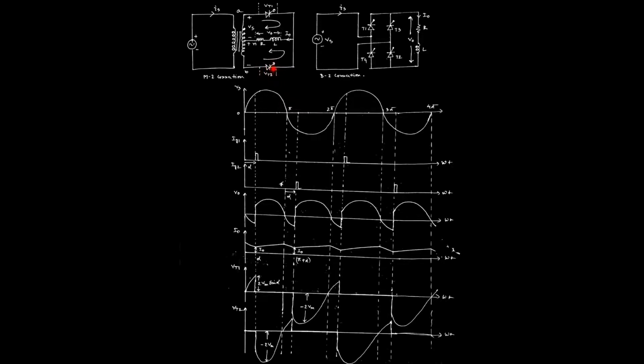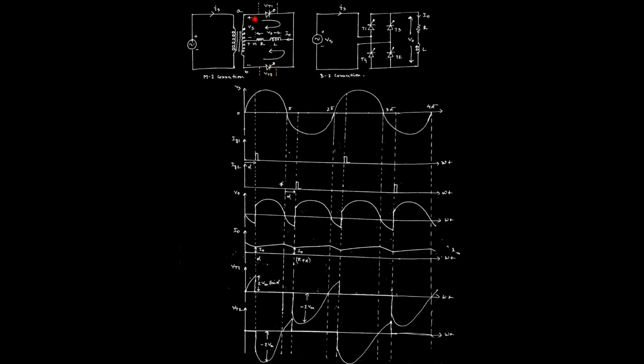Why have we taken the minus term? As the position of this thyristor is opposite. That is why when the thyristor T1 is in forward biasing condition, the thyristor T2 is in reverse biasing condition.